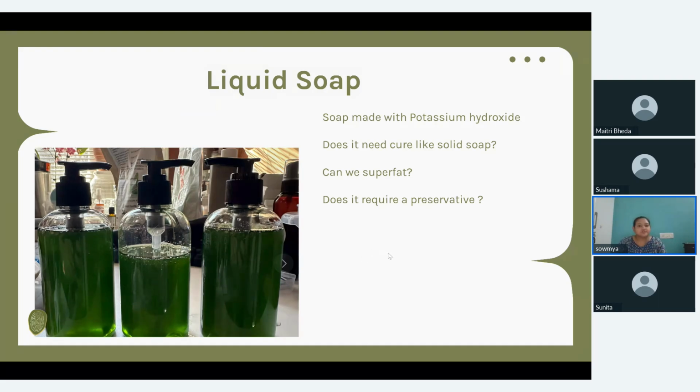And most of the preservatives that we use in our skincare have an uppermost limit of only up to pH 6. So they are mostly in the acidic to neutral range. They don't have much for alkaline, because most of the pathogens, that is the microbes, be it bacteria or fungi, cannot tolerate such a very high pH.